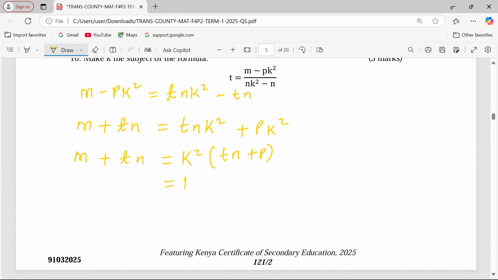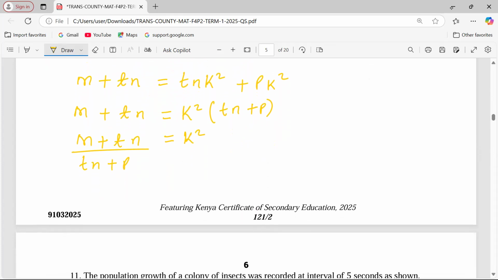Now, can we remain with K squared alone by dividing through by TN plus P? So M plus TN out of TN plus P, that way. So now we can remain with K alone because K squared has been expressed.